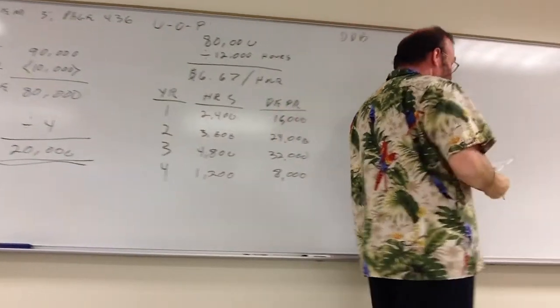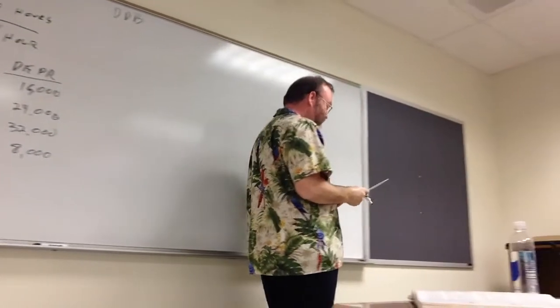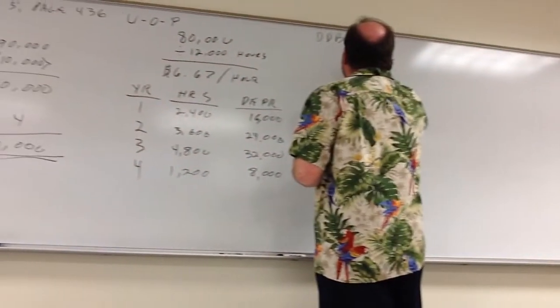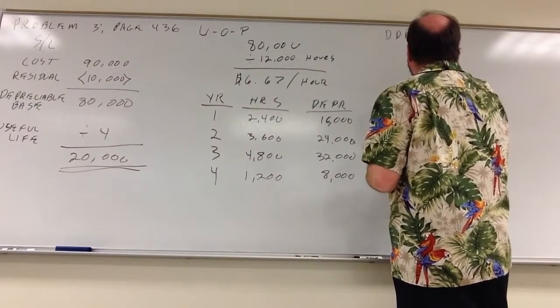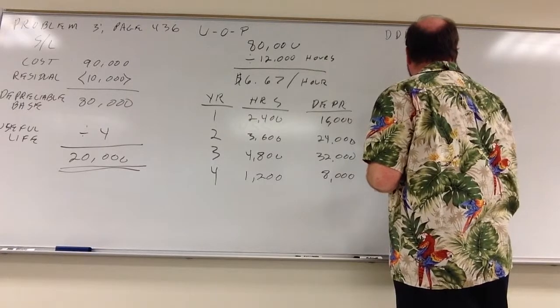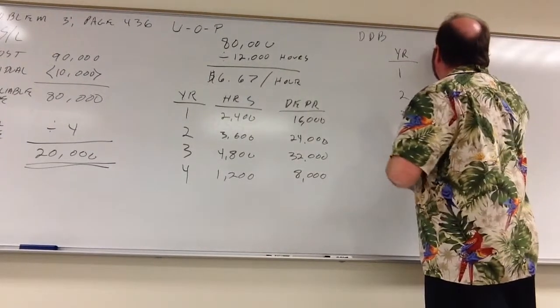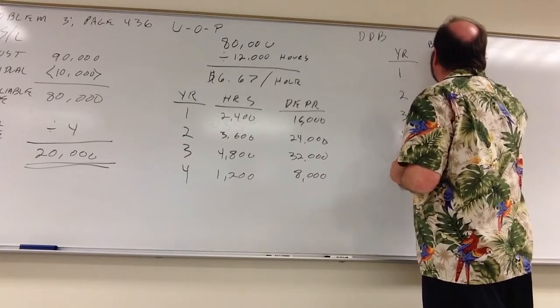So, double declining balance. Double declining balance, you're going to create a table with the year, 1, 2, 3, and 4. You're going to start with the beginning book value.